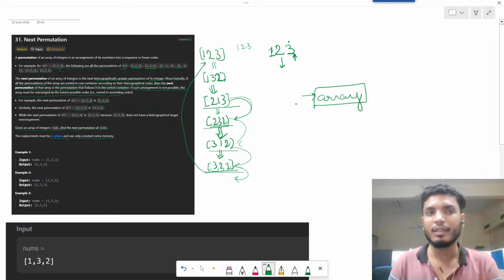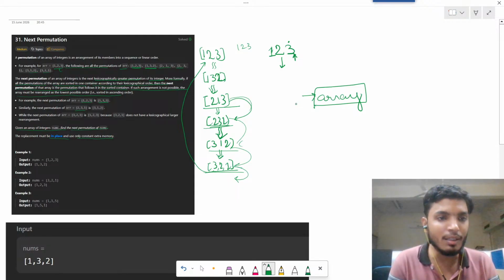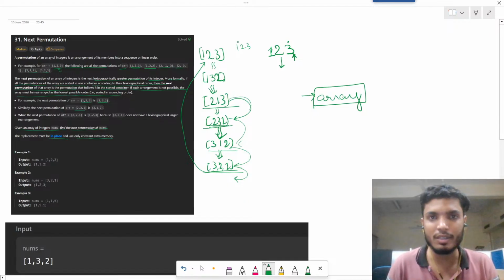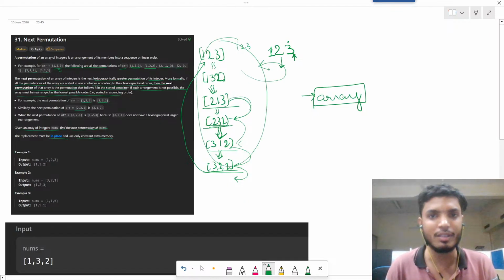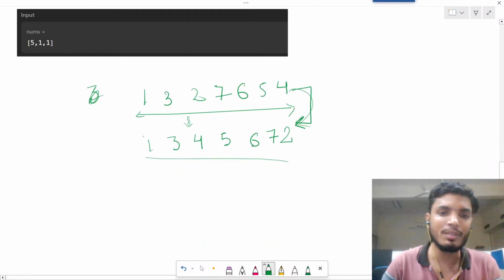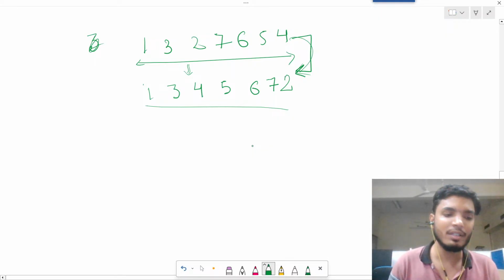Start in a pattern, watch all my classes, try to solve the problems, and if you still face difficulty, solve as many easier problems as possible. This is simply logic. In array problems you are just implementing the logic. This problem is a little bit difficult, but all the remaining problems I will teach are not that difficult.